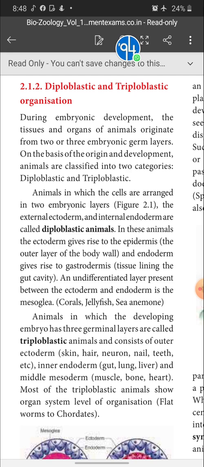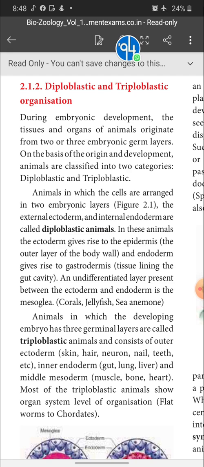So animals which have two germ layers in the body wall, ectoderm and endoderm, are called diploplastic animals. In these animals, the ectoderm gives rise to the epidermis, the outer layer of the body wall, and the endoderm gives rise to the gastrodermis, tissue lining the gut cavity.